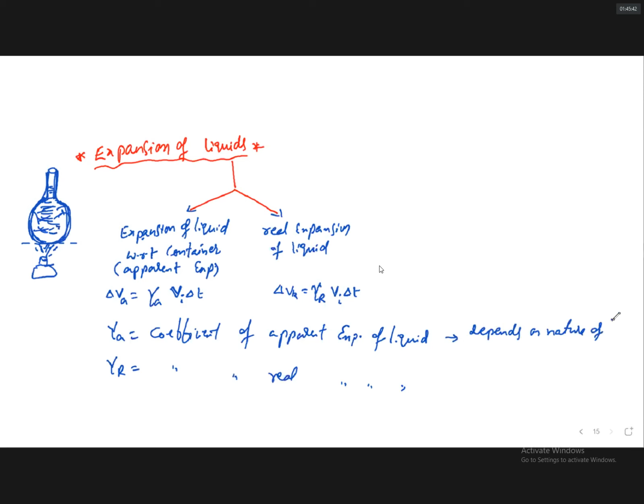Real expansion depends on the nature of the liquid only, and is independent of the nature of the vessel in which it is heated. But the coefficient of apparent expansion, gamma A, depends on the nature of the liquid as well as the solid.